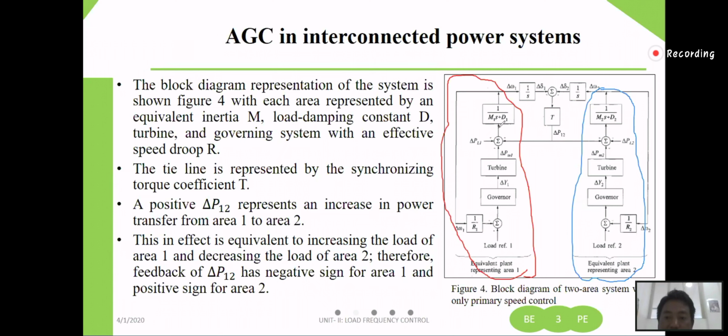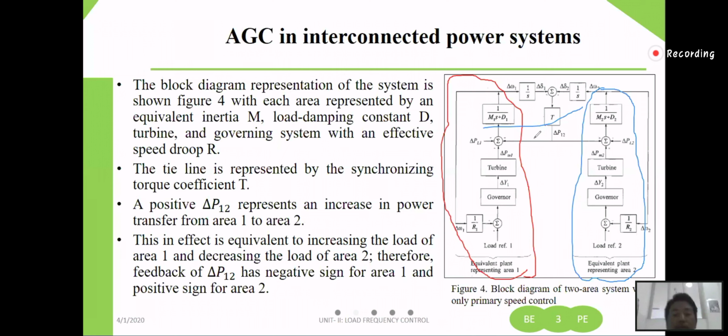So M1 is for area 1, M2 is for area 2, and damping constant D1 for area 1 and D2 for area 2, and then this R for the speed droop characteristic, which we have learned in the earlier session.